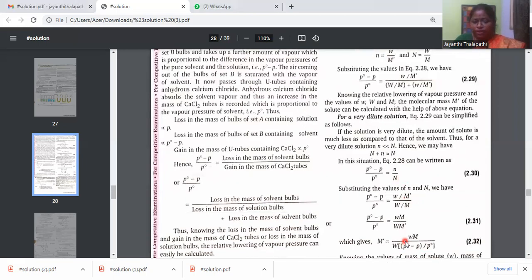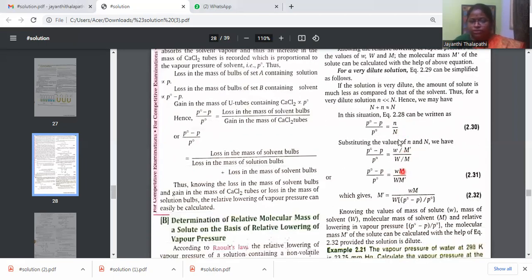So instead of saying n plus N, we can say N. This is approximately the same. So we easily just say small n by capital N, which denotes solute by solvent, right? Okay. So again, they've substituted n with mass of solute by molar mass of solute, and N with mass of solvent by molar mass of solvent, so that you get it.